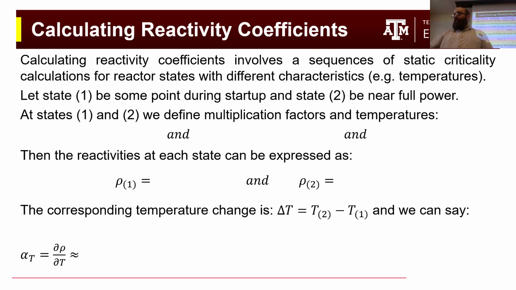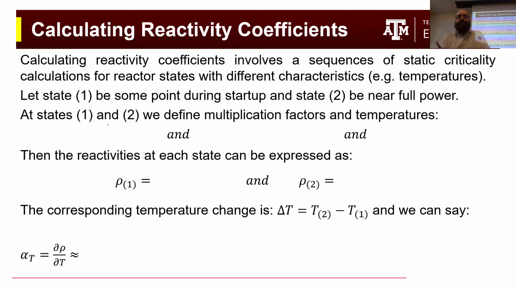Something that we might want to do in a situation like what we described is calculate what the reactivity coefficient is, or at least approximate it. So if we think about that system where state one is the cold reactor at startup, and state two is the reactor near full power, then at those states we can define the multiplication factor and the temperature.